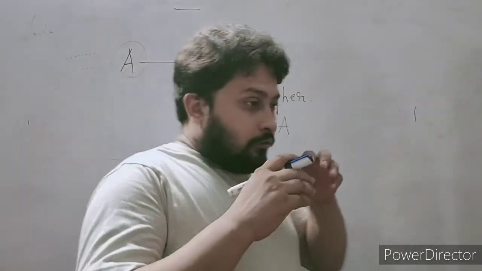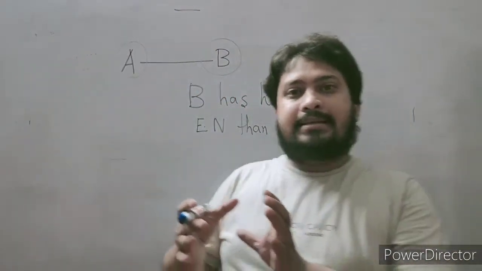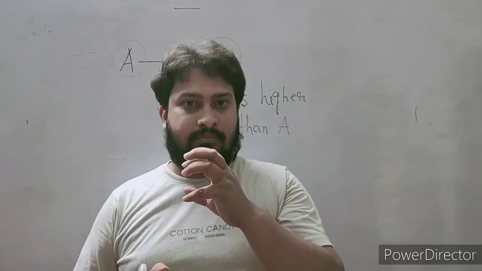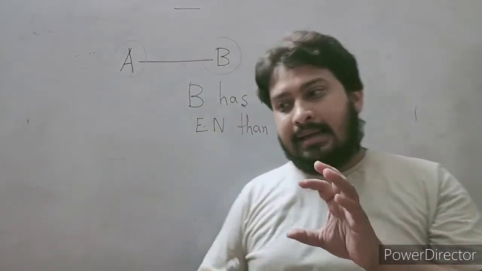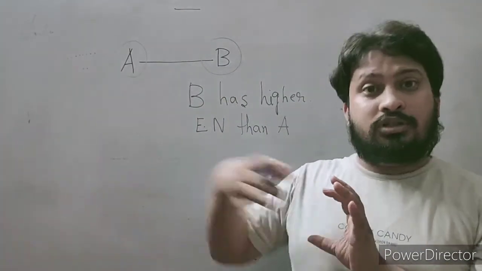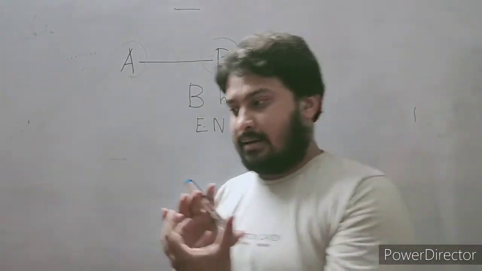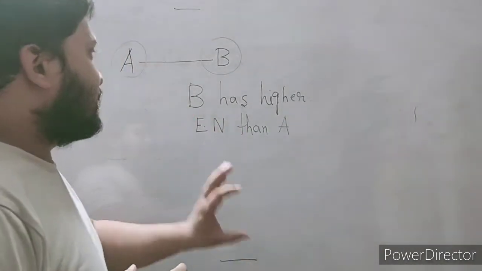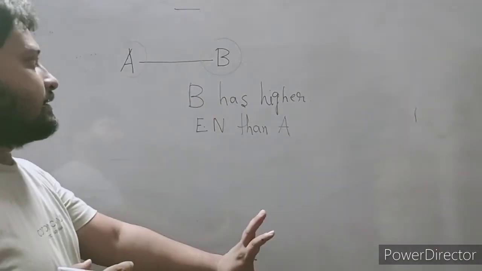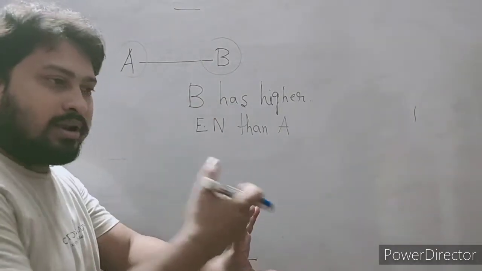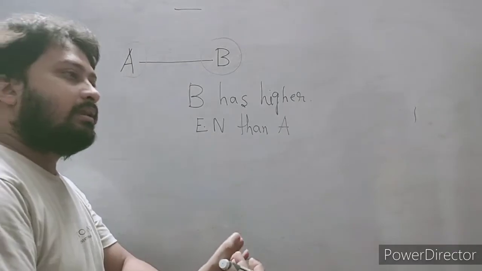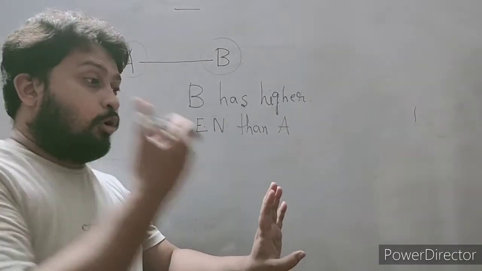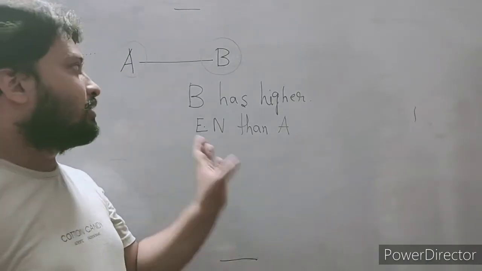So in that case, B has a greater tendency to push the electron towards itself. What does it mean? It means B has more electronegativity compared to A, and more tendency to pull the electron towards itself.